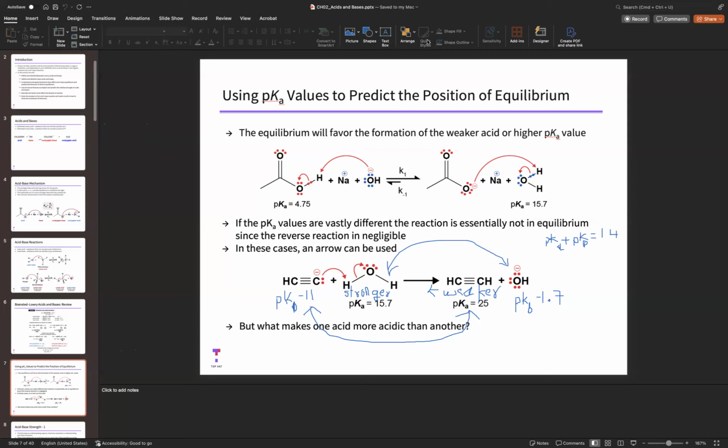All right, let's look at what makes a strong acid and what makes a weak acid.